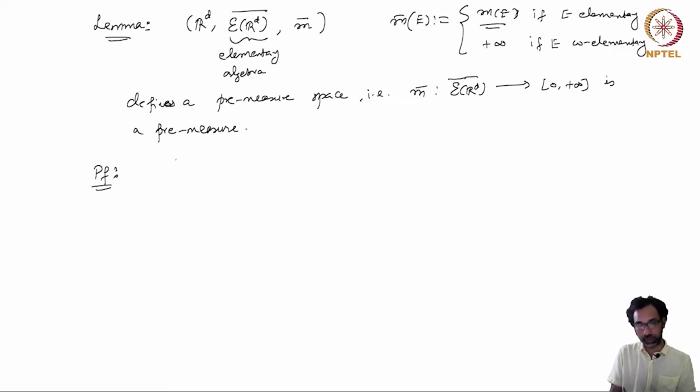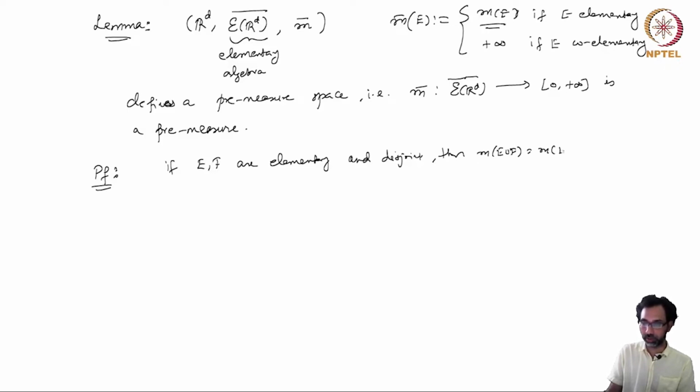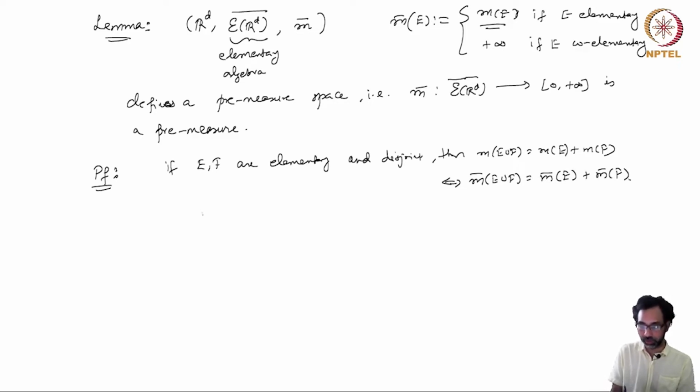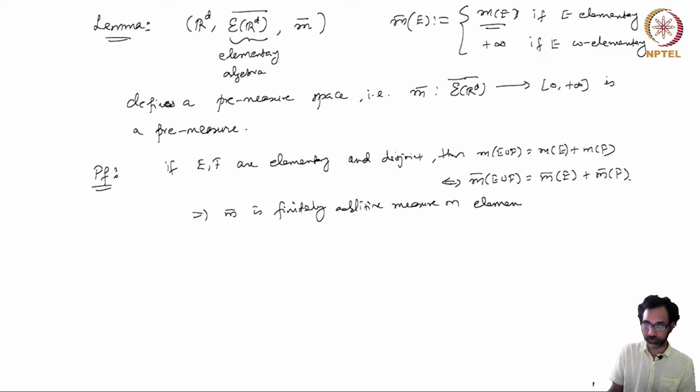So if E and F are elementary and disjoint, then m of E union F equals m(E) plus m(F), and this is the same as saying that m bar of E union F is equal to m bar of E plus m bar of F. So this implies that m bar is a finitely additive measure on elementary sets.